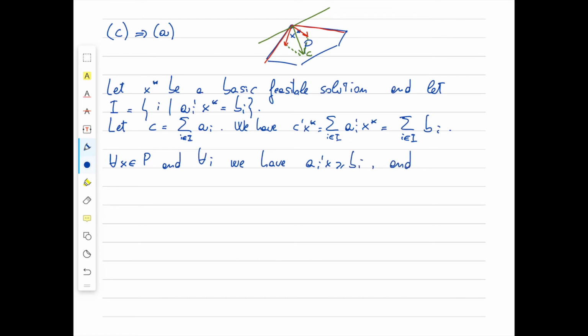Therefore, we obtain that c transpose x is the sum for i in I of a_i transpose x by definition of c, and this is then greater than or equal to the sum for i in I of b_i. So the objective value of x star is the sum of b_i for i in I, and any feasible point has objective value greater than or equal to that. This immediately tells us that x star is an optimal solution to the problem.